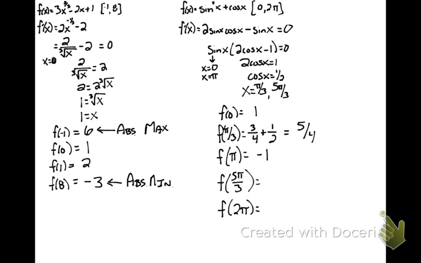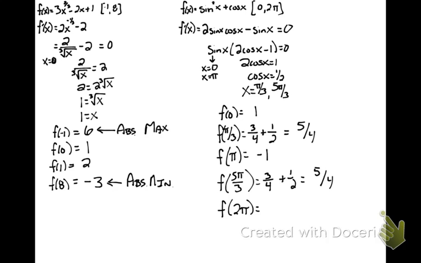If we test f of 5 pi thirds, it's related to 60. The sine of 60 was root 3 over 2, so it would be negative root 3 over 2, and squared, this would be 3/4. The cosine of 5 pi thirds is 1/2, so again we end up with 5/4.